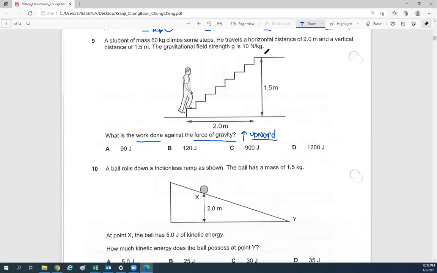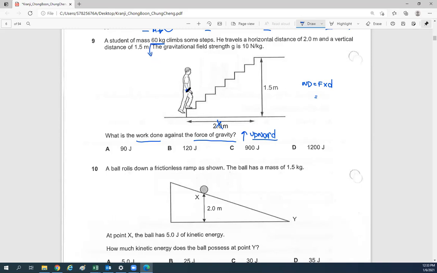I'm going to just consider this distance, not this distance, because it's upwards. So I'm only looking at this distance. So work done is force times distance. The force is not 60 kg. I have to change this into Newton.